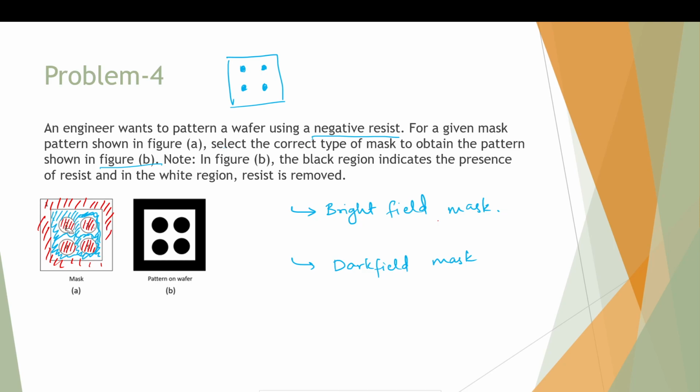So if the red region is opaque, then the light will pass through the blue region, so the photoresist will see the blue region, and it's a negative resist. What happens in case of a negative resist? The exposed part is insoluble, so the exposed part will stay there.